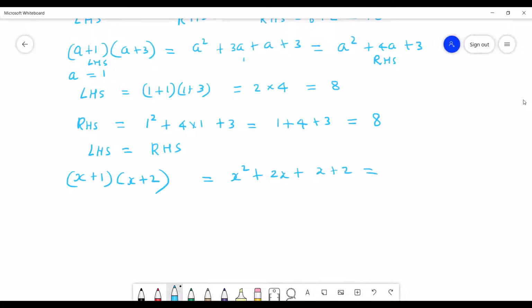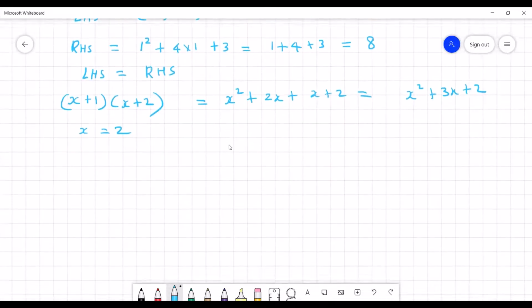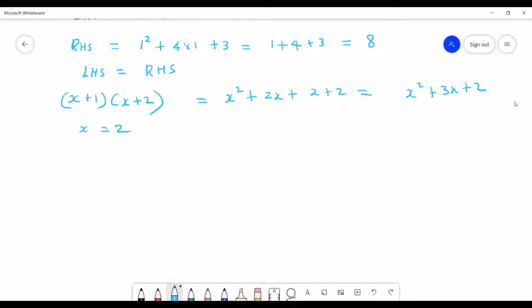So we will get x square plus 3x plus 2. So let us give a value for x. Let x be equal to 2. I am not repeating that a is equal to 1 was given. Now here we will give x equal to 2.